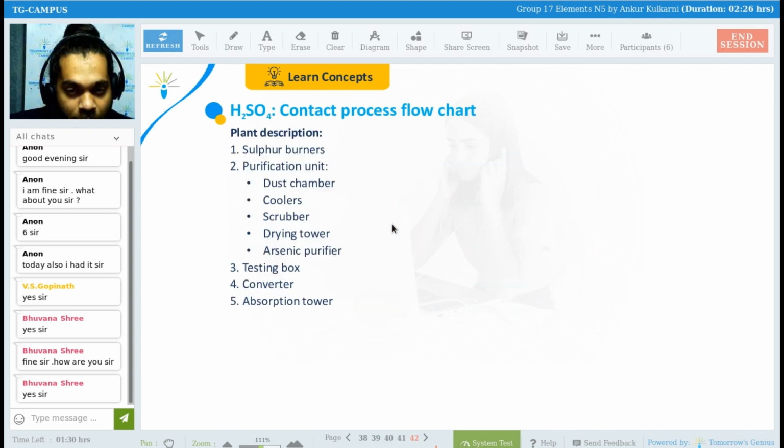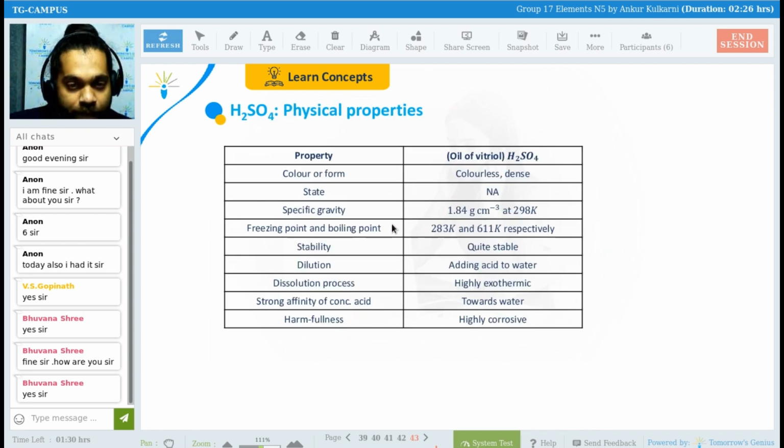But remember this. Running water, obviously. Remember this: in the dissolution process, whenever you add water to sulfuric acid, it is highly exothermic.